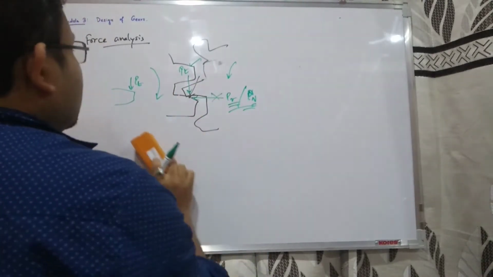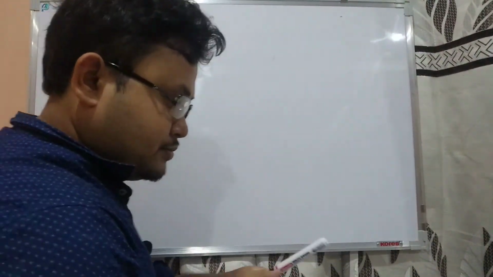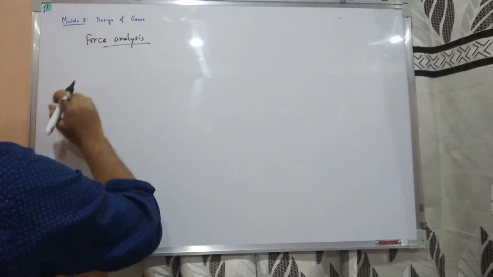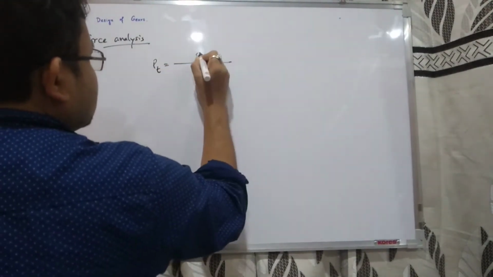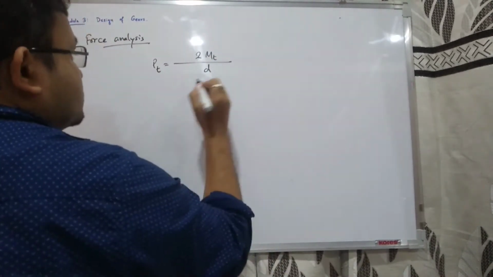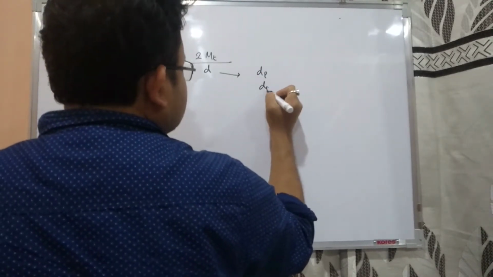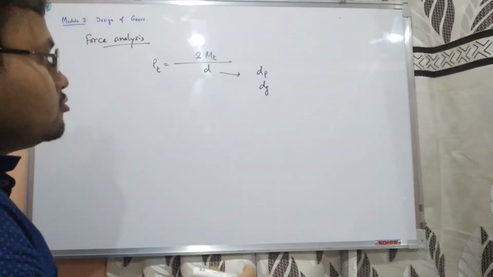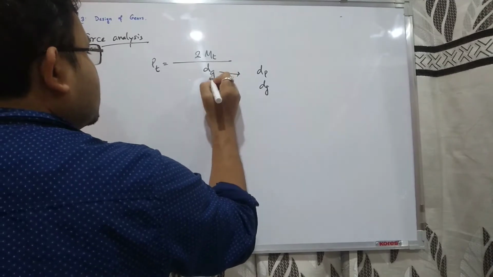Now, how to find this PT? See, PT can be found using the torque: 2 Mt by d. Here d is the diameter dp or dg. If you are designing the pinion, then you will put dp here. If you are designing the gear, then you will put dg here.